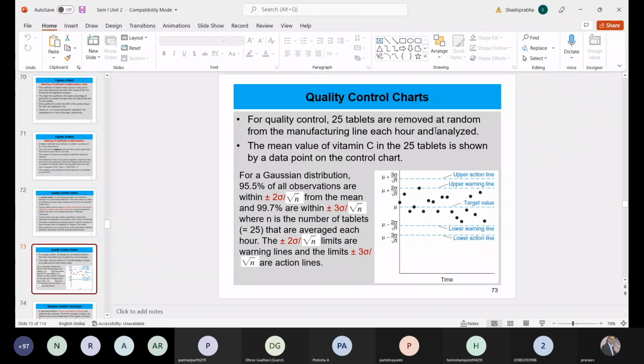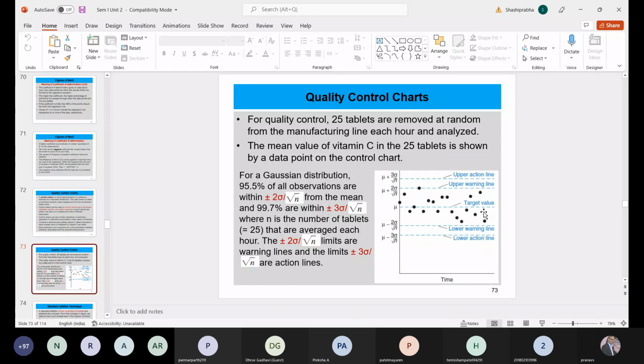If you can see in this figure, you find mu, which is the population mean. This line is known as the target line, or you can understand it to be the mean, which is the value we expect.